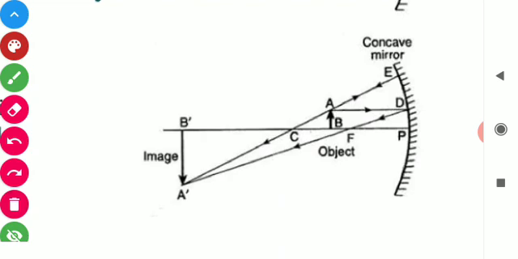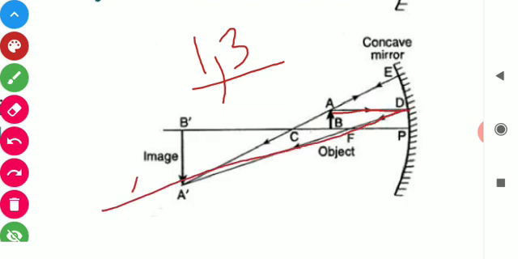So how can we draw the diagram? Firstly, we will apply the same rules, the first and the third rule. According to the first rule, any ray parallel to the principal axis will pass through the focus. According to the third rule, any line which is in the direction of the center of curvature, after reflection, will pass through the center of curvature.